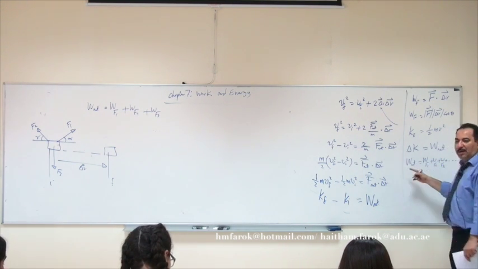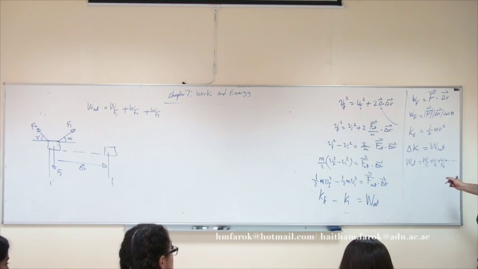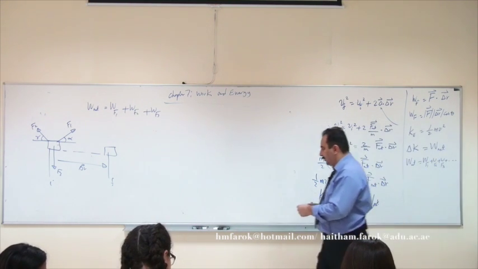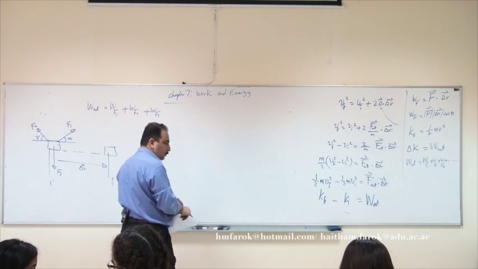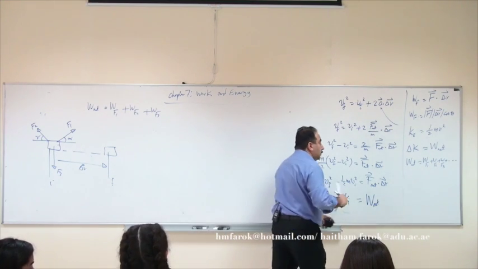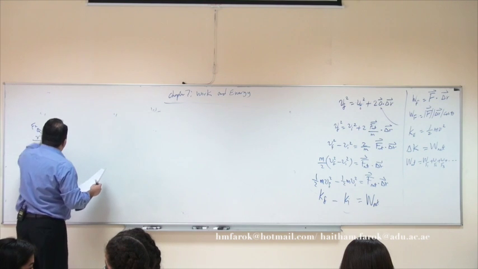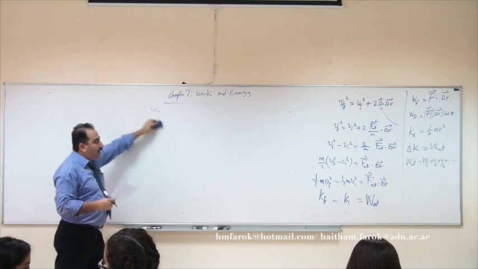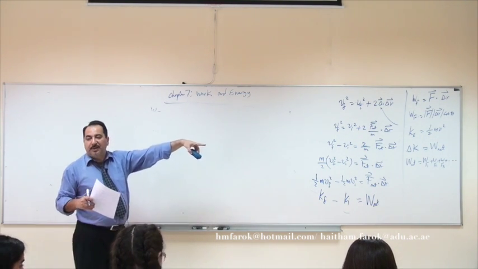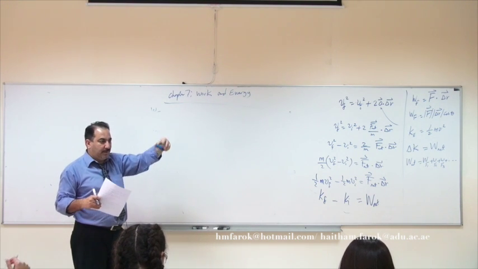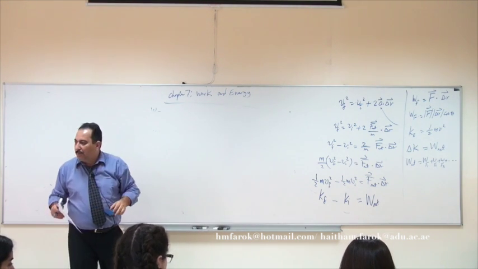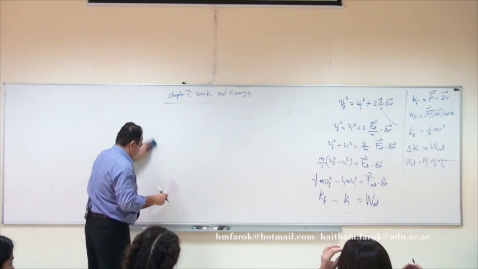It depends on how many forces you have in the question, the individual work. So I want to apply the last equation. W net is the summation of all the works in the question.